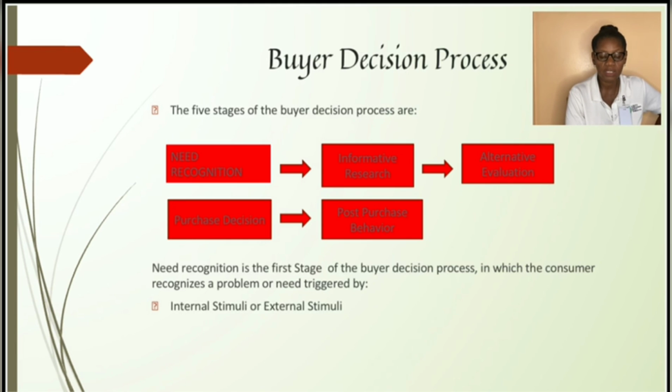There are five stages of the buyer's decision process: need recognition, information search, alternative evaluation, purchase decision, and post-purchase behavior. Need recognition is the first stage of the buying decision process, in which the consumer recognizes a problem or need triggered by internal stimuli or external stimuli.